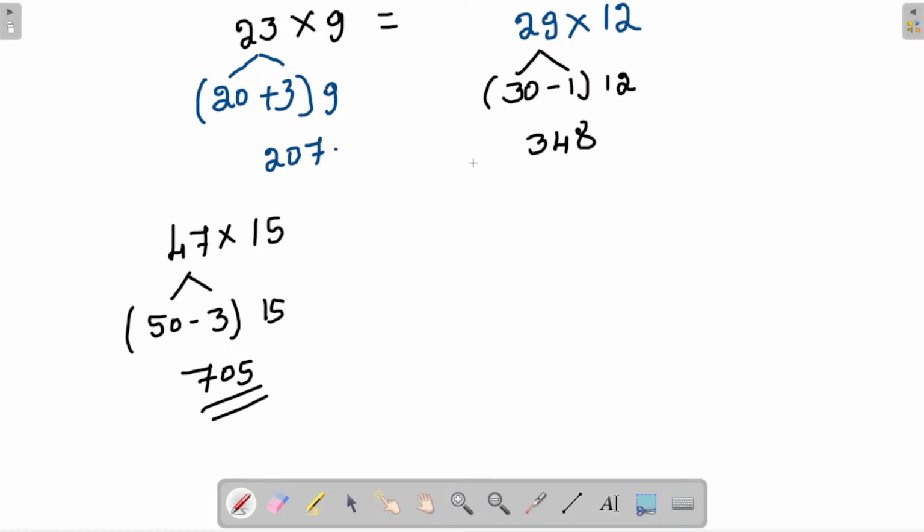Next, multiplication tricks. Sorry, first addition.